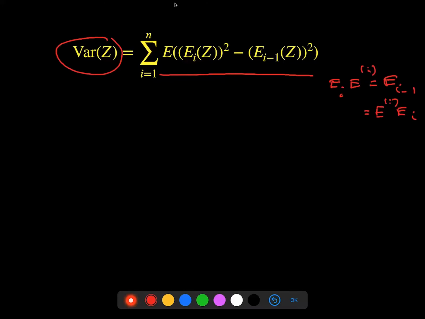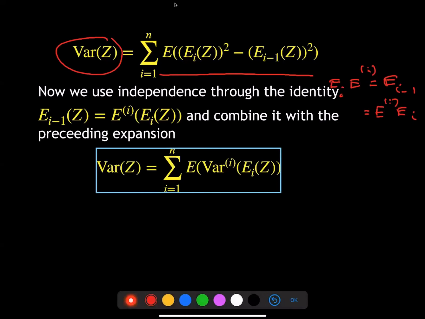And so if you interpret this expectation I minus 1 as the expectation bracket I of the conditional expectation to x1 to xi, the formula above can be interpreted as follows. You have just an identity which says that the variance is equal to the sum of the expectation of variance bracket I of expectation of z conditionally to x1 to xi.